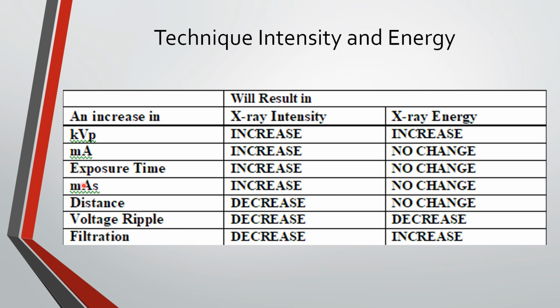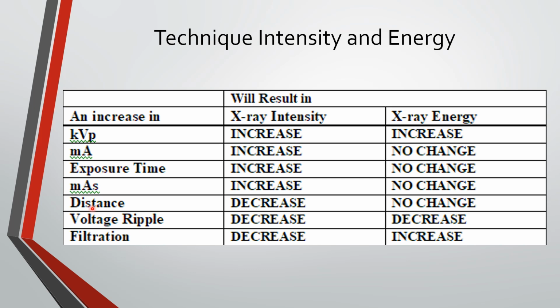It's directly related. So an increase in mass, exposure time, or the mA, the intensity, which is the quantity of the X-rays, will increase directly. The energy won't change. That's important to know.